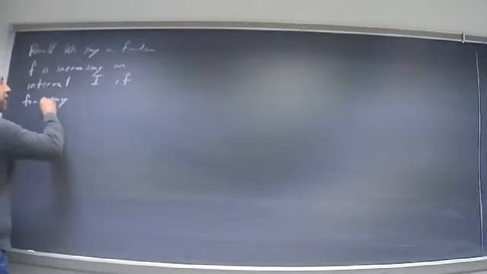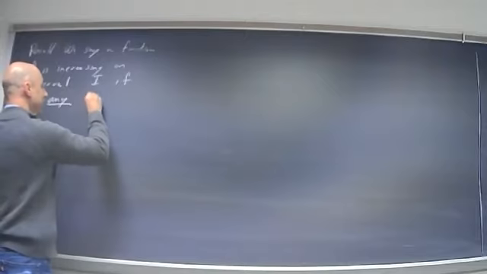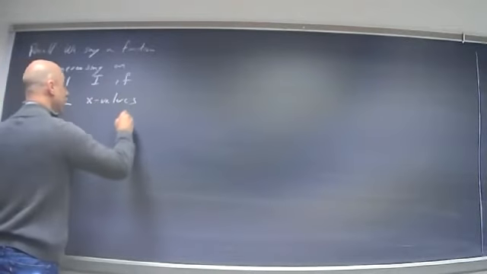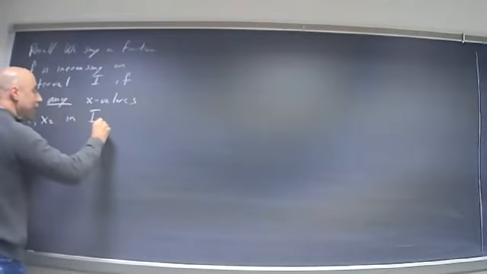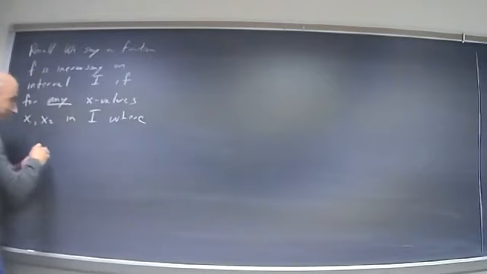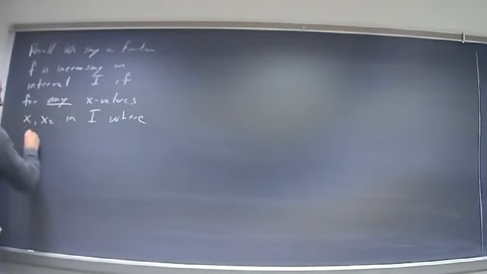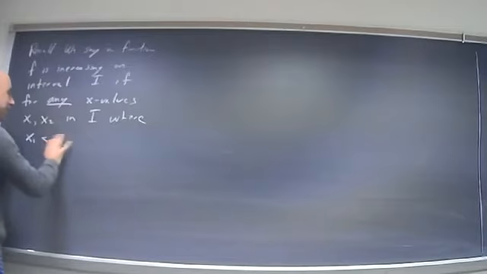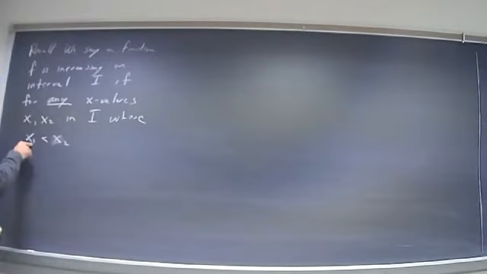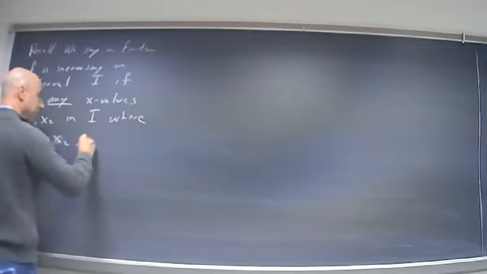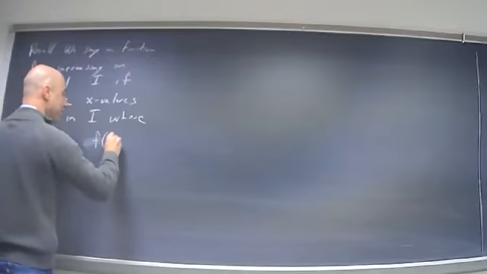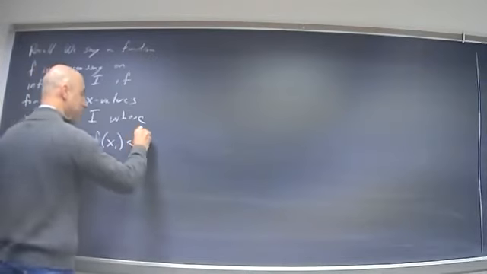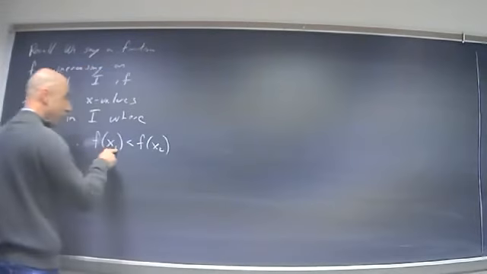for any, and I'm going to underline the word any, x values, which I'll call x1 and x2 in I, where since the x-axis is horizontal, x2 is on the right and x1 is on the left, f of x2 is greater than f of x1.